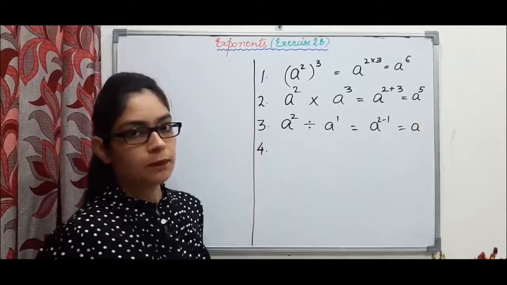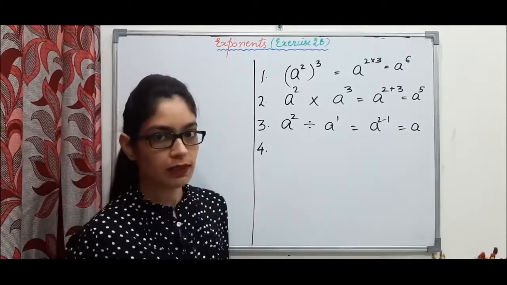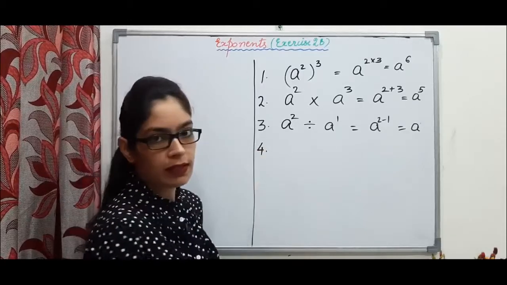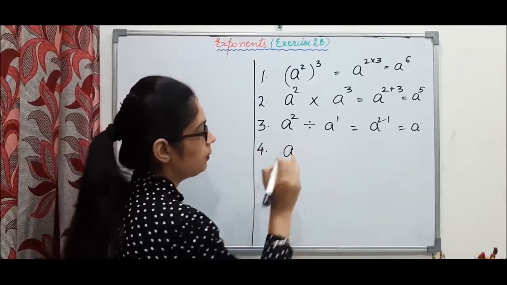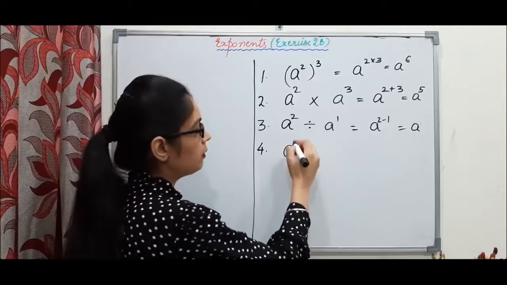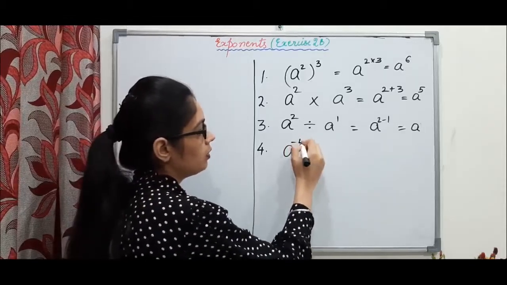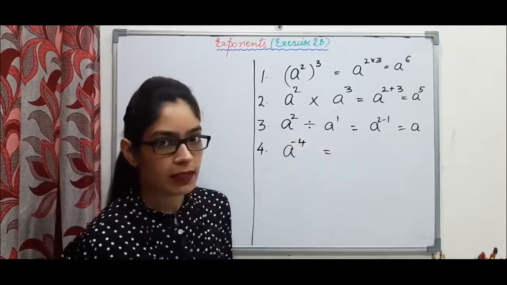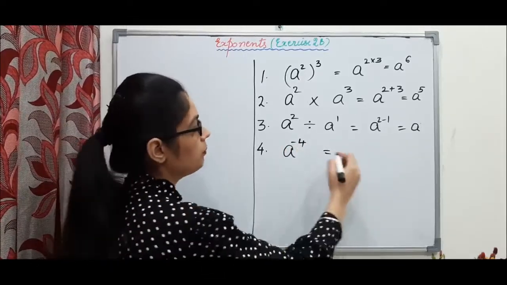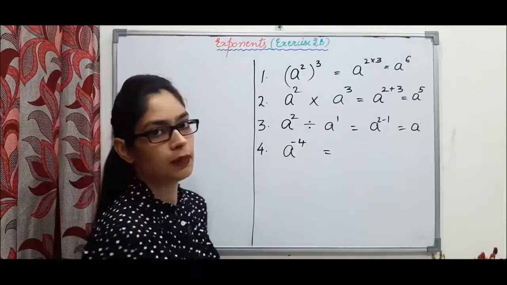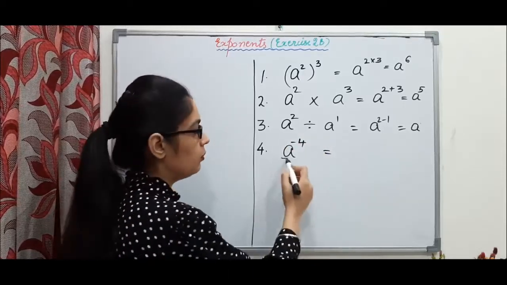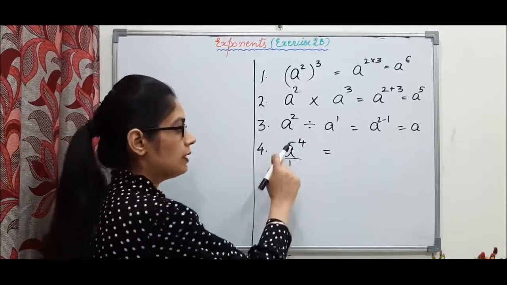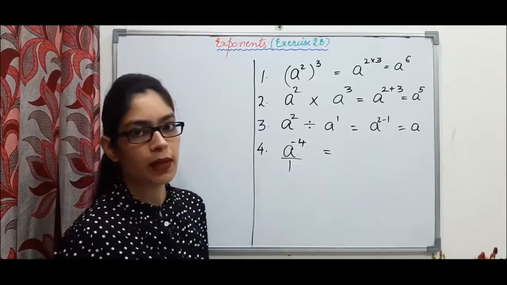Next rule is one that we actually did in the previous exercise. So once again I will repeat here. If I have any number, let us assume x, and its power is negative, minus 4. Then this negative power can be changed to positive by doing the reciprocal of this number. See, reciprocal means numerator will be changed to denominator and denominator will be changed to numerator. A was there, so that means it is 1 by a.